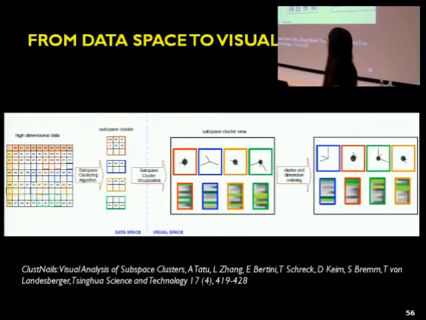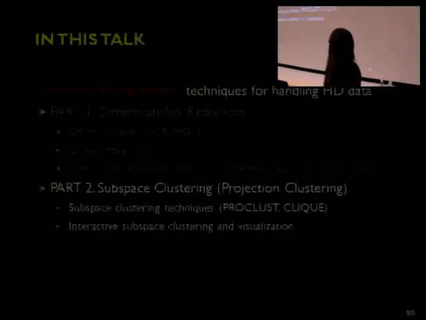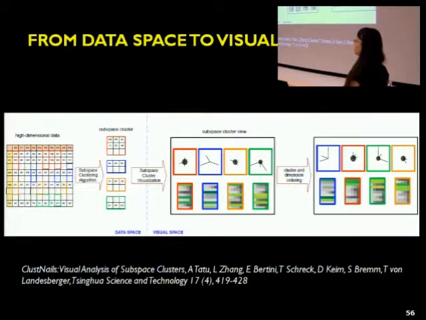So our research question here is, how do we transform this information from data space to visual space, so that it helps the analyst understand what these results are about and how come this is the result.